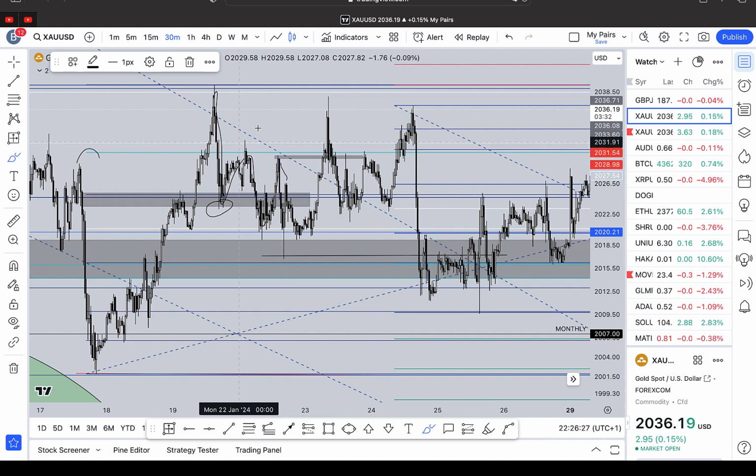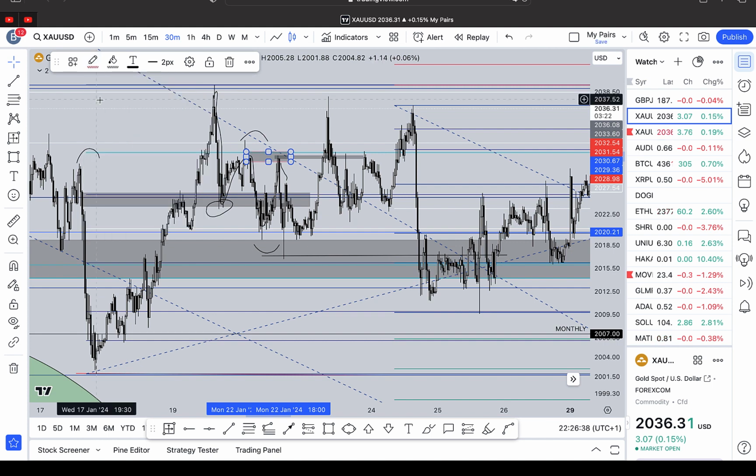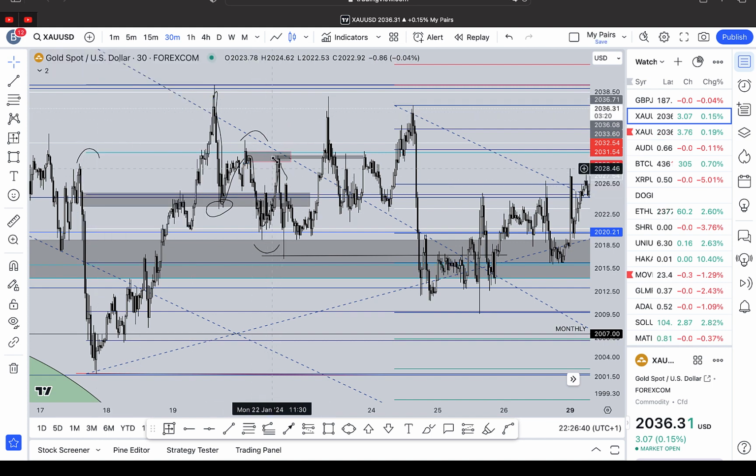Because we're still in this area right here. Price came back and then tested a supply and demand zone right here. So we can go ahead and consider this if price does fail.